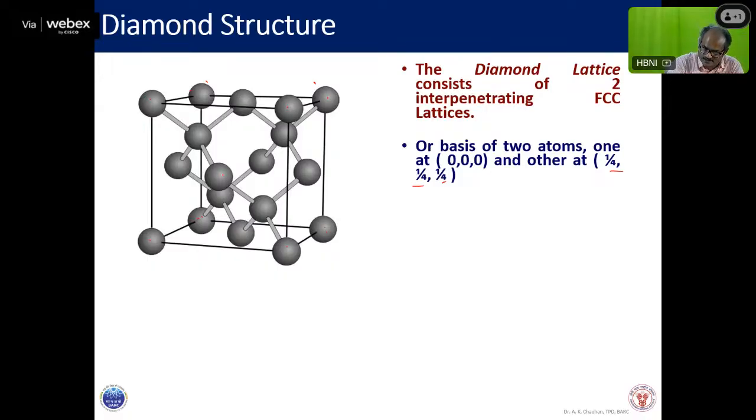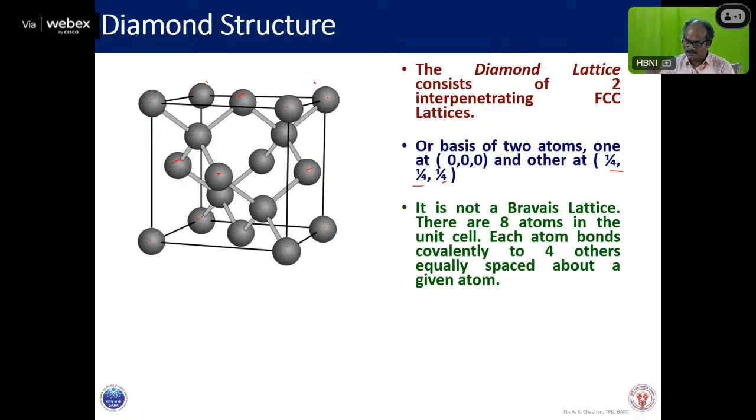Then there are certain atoms at the faces, 1, 2, 3, 4, and then one on this side and another on that side. And then you will have another structure inserted inside this. So just imagine two exactly identical structures inserted one into the other.